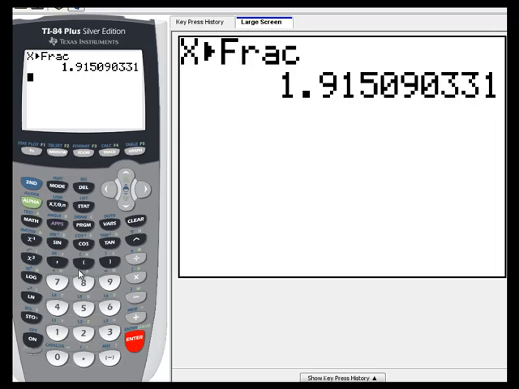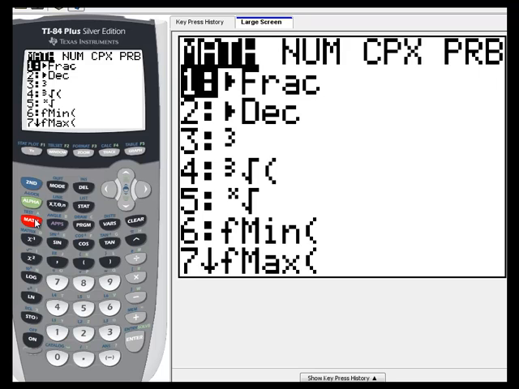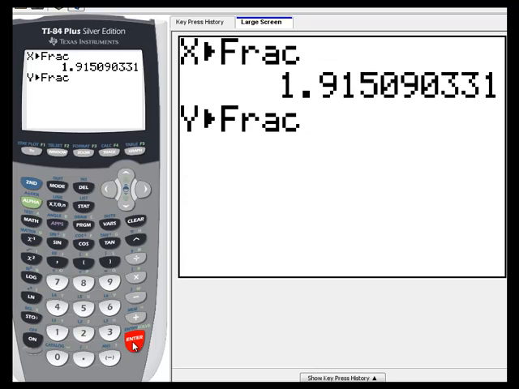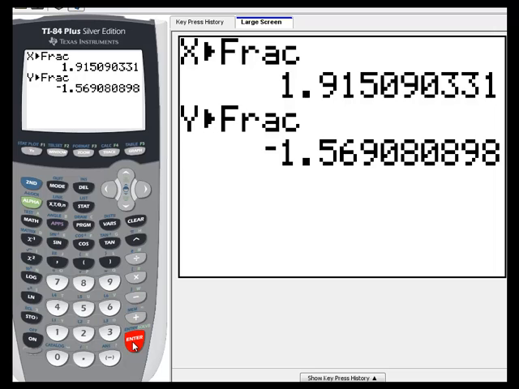Okay, how about the Y? Alpha Y, math, fraction, go. Oh, also just gives back the decimal representation. Neither coordinate is being provided as a rational number in fraction form.